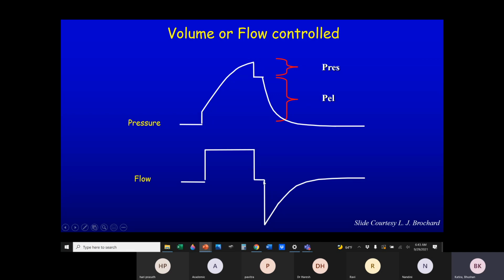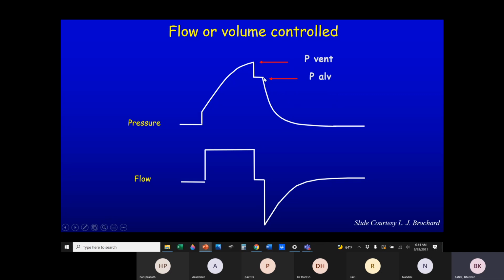And when the flow is set to zero inside each breath, that means you set up an inspiratory flow limitation or zero flow condition for about 0.2 or 0.3 seconds, the pressure will drop and become static. This drop in pressure is the resistive pressure, and the pressure from this point till baseline is the elastic pressure. This place is alveolar pressure, and this is the ventilator peak pressure.